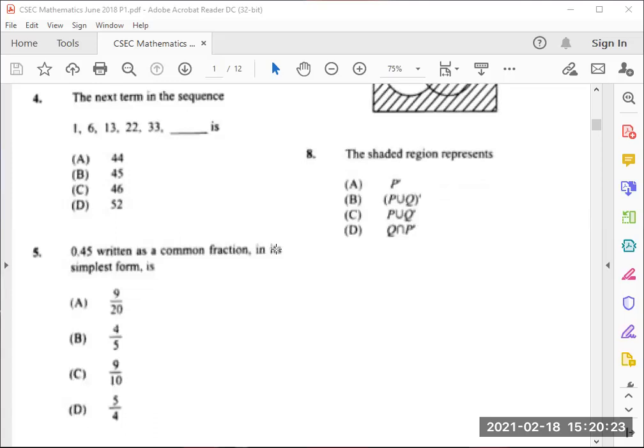Number 4, the next term in the sequence: you have 1, 6, 13, 22, 33. So what will be the answer for number 4?